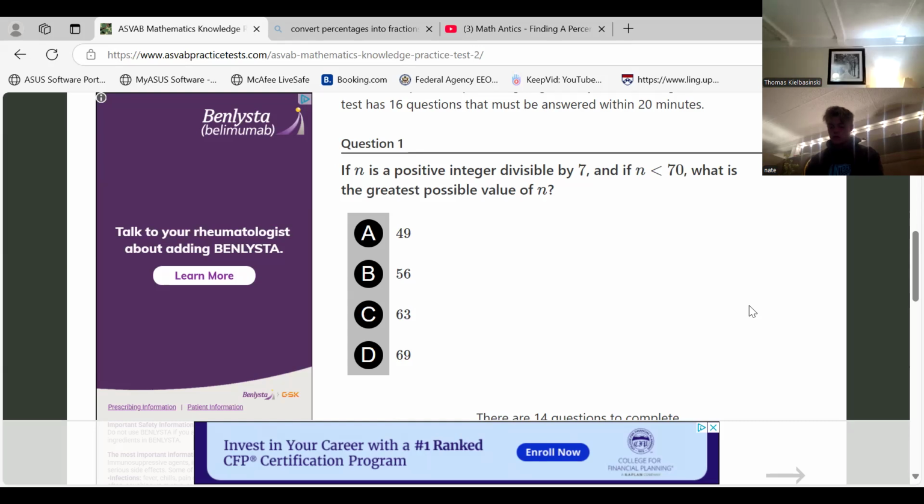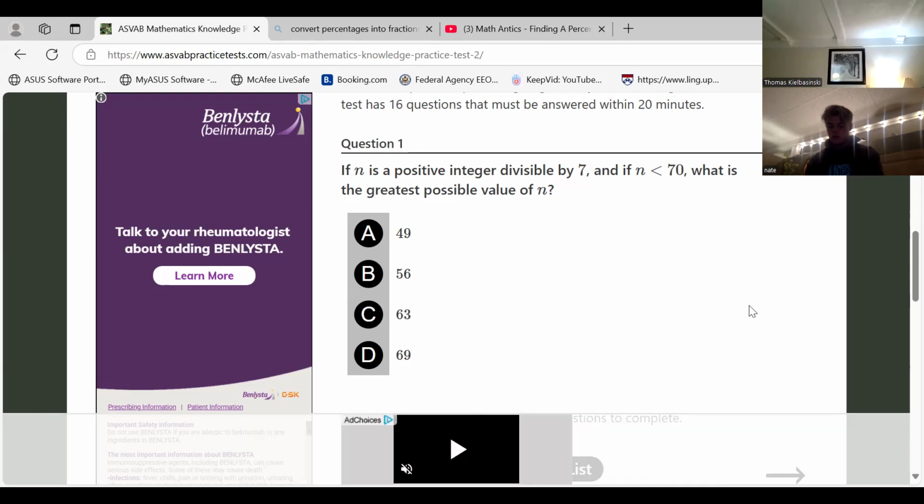So if it's less than 70, do you have to use the 70 and the 7 to divide, add? The key word is that less than symbol. If n is a positive integer divisible by 7, and if n is less than 70, what is the greatest possible value of n?